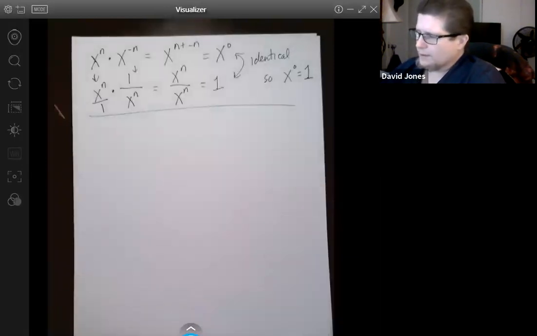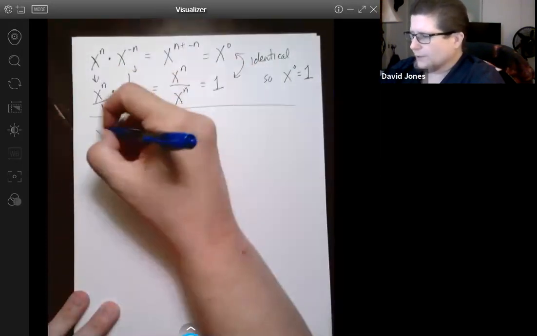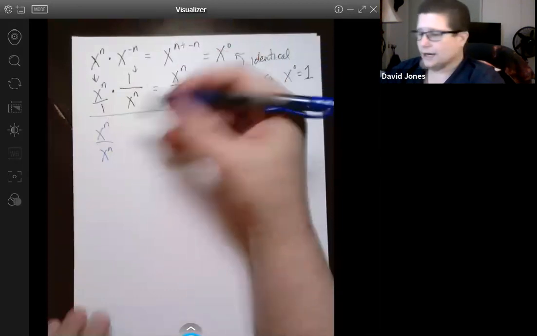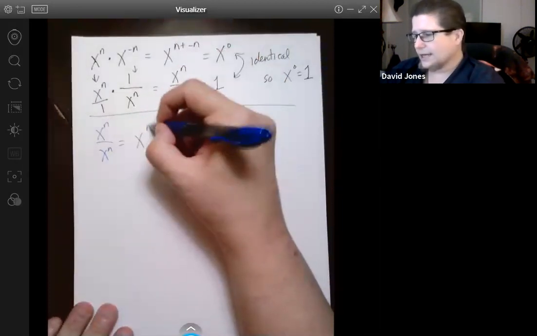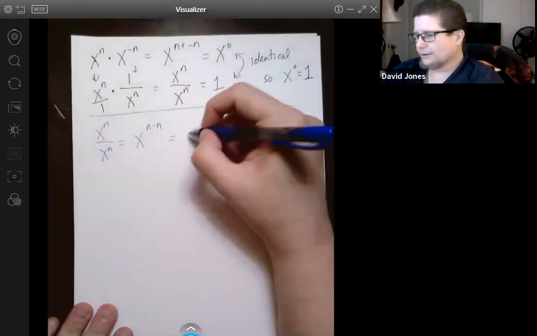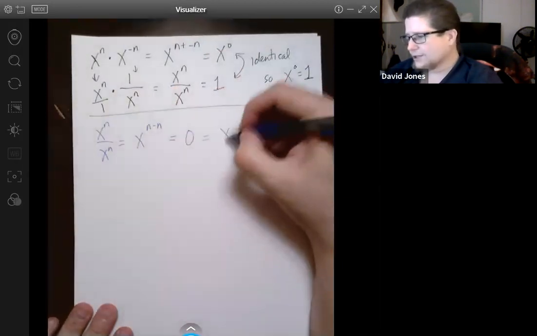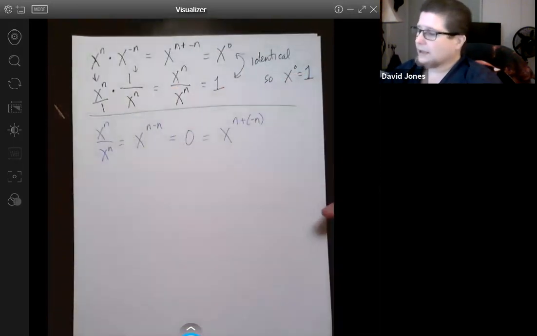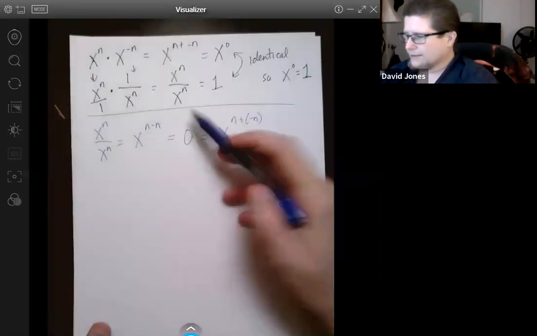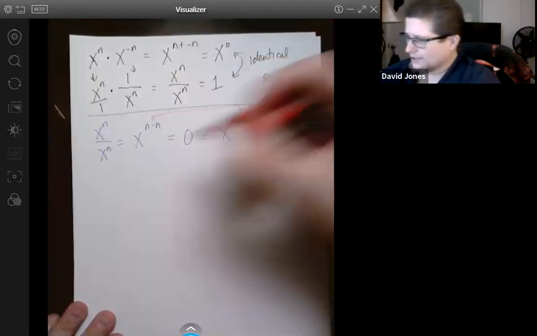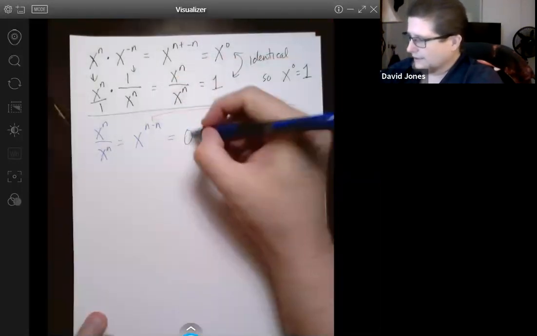It might be easier or better for you if we started with x to the n over x to the n. We already discussed the subtraction rule. This is x to the n minus n, which is 0. Sorry, not 0, x to the 0. And it's also x to the n plus negative n.